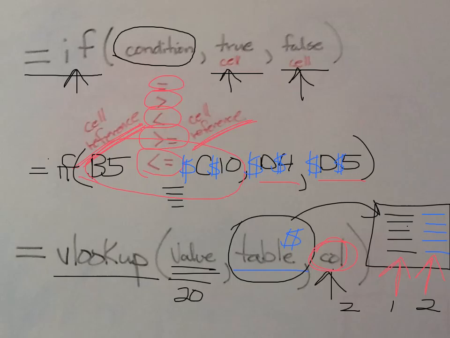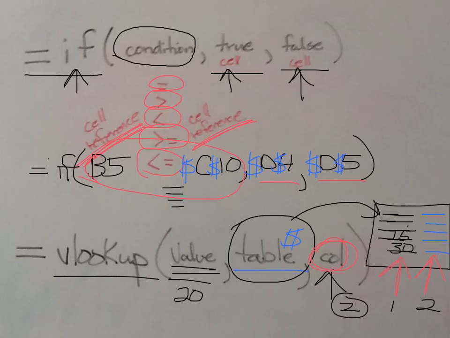So we're going to take 20 and we're going to look up in the table until we find 20. Okay, if we don't find 20 and we run into a number bigger than 20, then we're going to stay where we're at. We're not going to go to that one. So let's say this is 30 here, and this was 15. We go by 15, but 30 is too big, so we come back here.